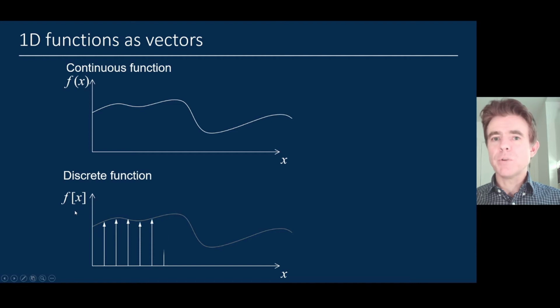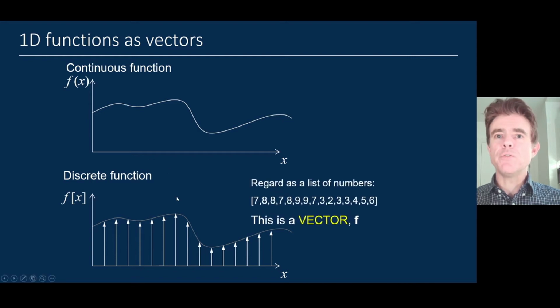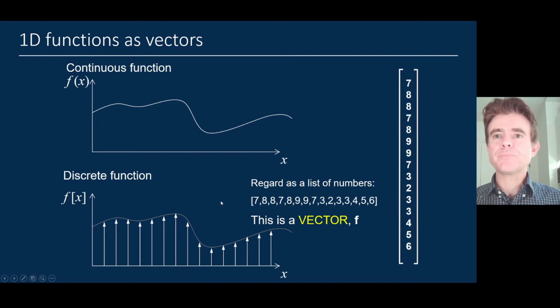Sampling will be covered elsewhere, but here we just want to be satisfied that we can have basically a list of numbers to represent a 1D function when we have a discrete independent variable x. So here I'm just showing example numbers that could capture all of these various samples of that continuous function.